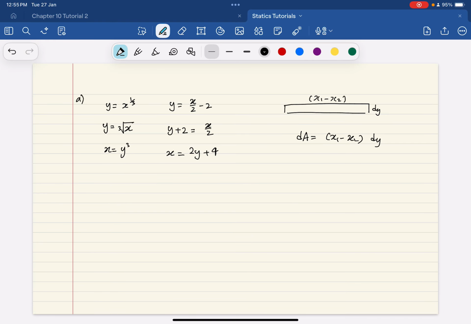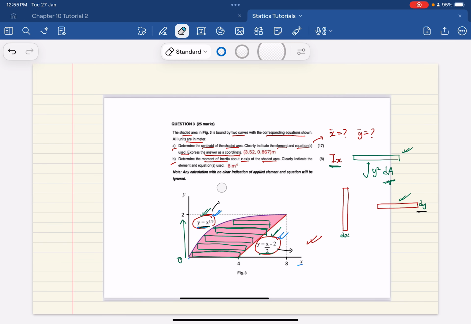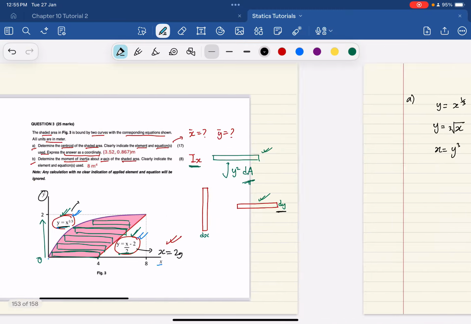So what is your x1 and x2? Looking back at our equations right here, I'm going to erase this by the way. If you're looking from the perspective of the y-axis, which one is the one that's dominating? Is it x equals 2y plus 4?